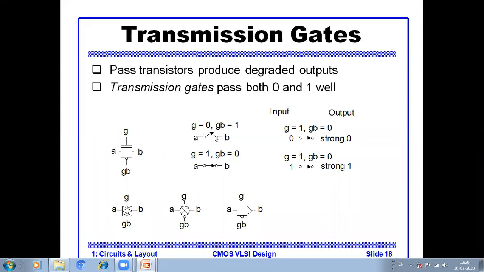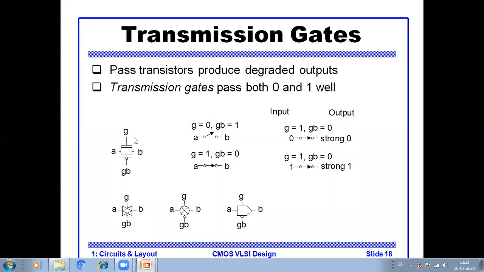Now understand the working of the transmission gate. Consider G equal to 0 and GB equal to 1, where GB means G bar. When I apply G as 0, obviously GB, the complement of G, will be 1, and the transmission gate will act as an open switch.